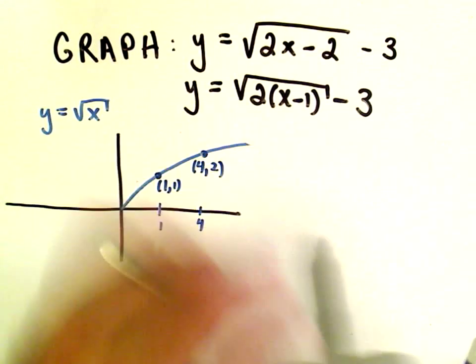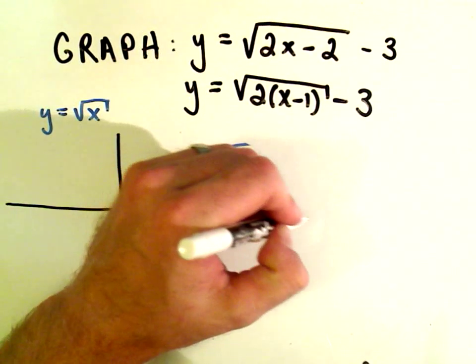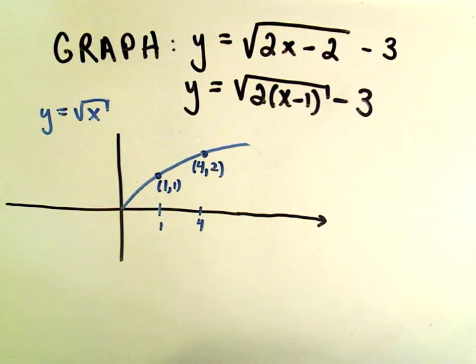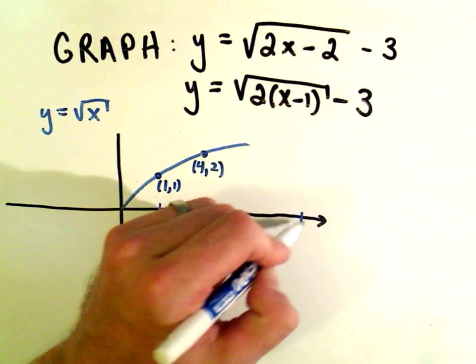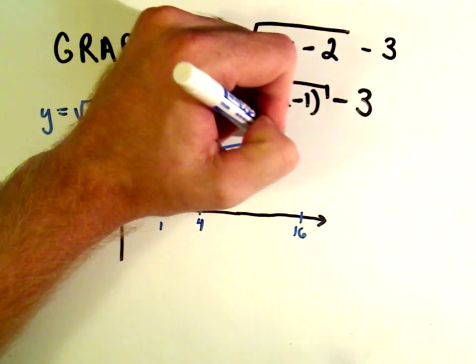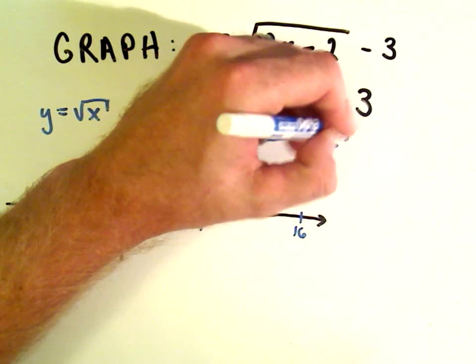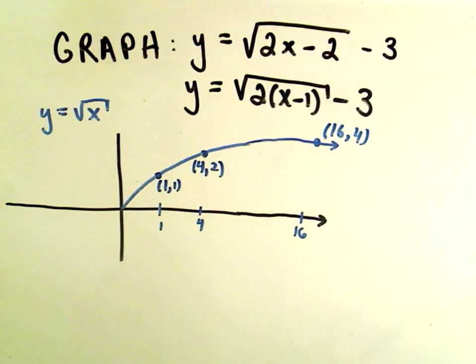And maybe I'll extend my graph a little bit. I'm going to go all the way over to 16 just to make my numbers work out nicely in a second. If you plug 16 into the square root function, you get 4 out.